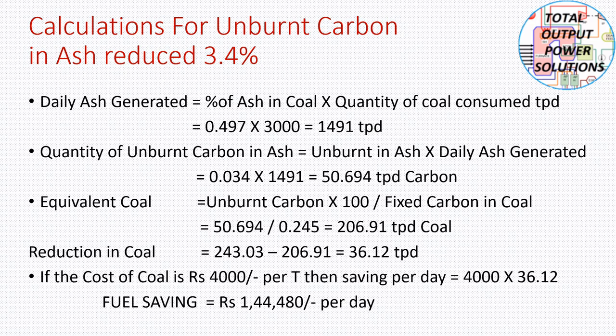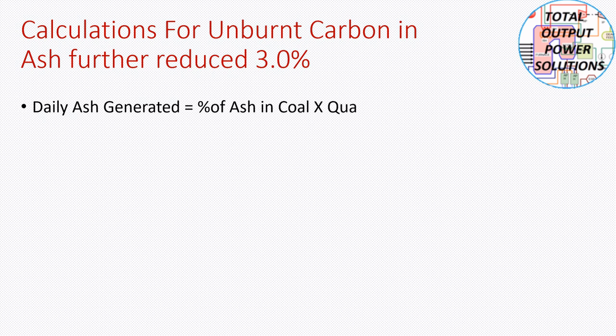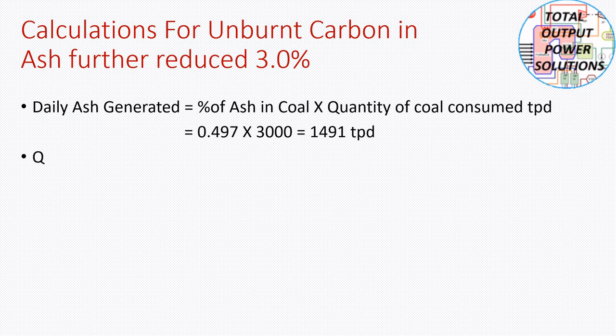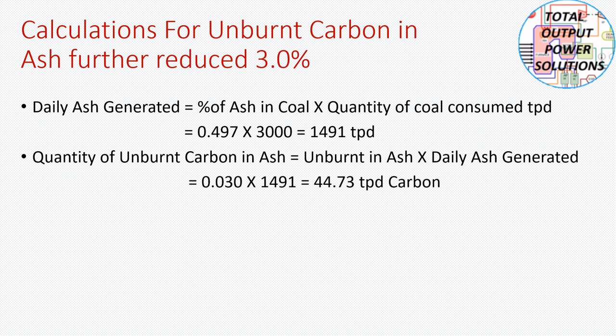If we still reduce it further to 3%, then the daily ash generated, the same calculations we carry out, and from there you will see the quantity of unburnt carbon that is reduced. The carbon that was in the ash was 44.73 tons per day.